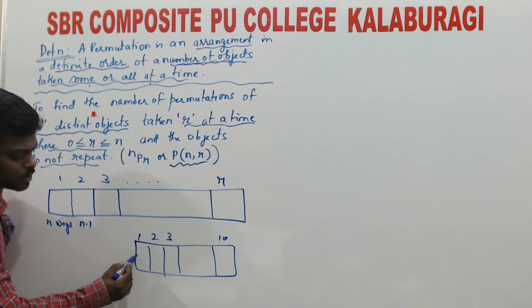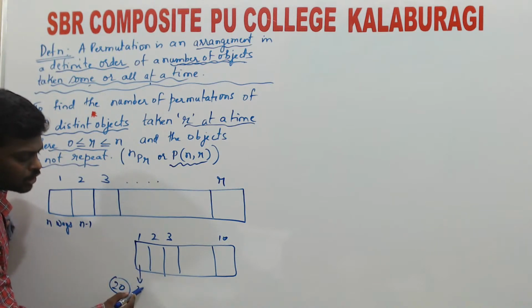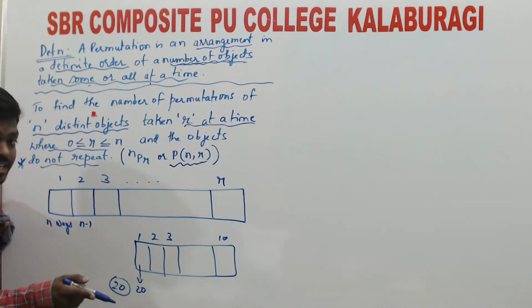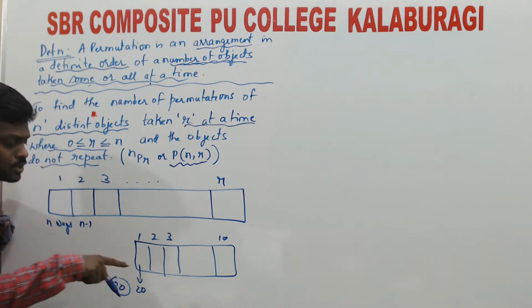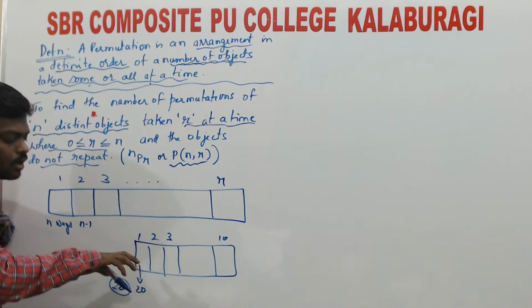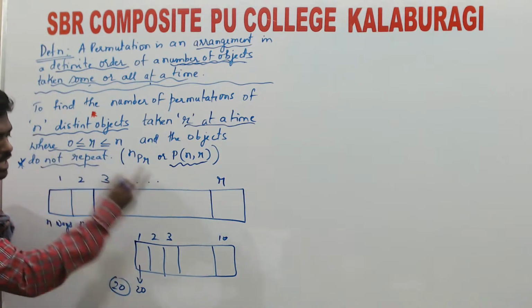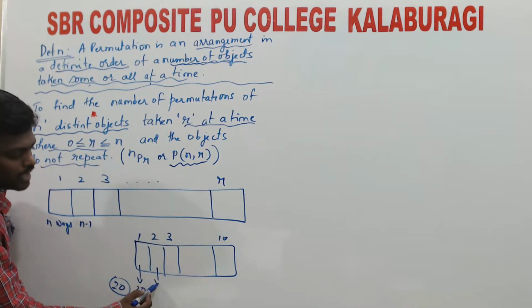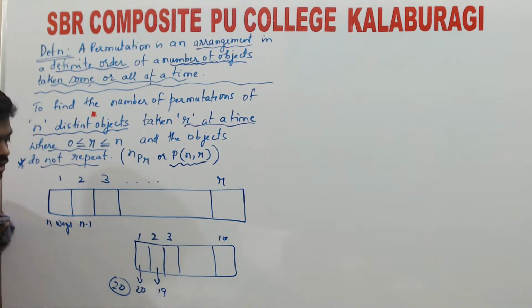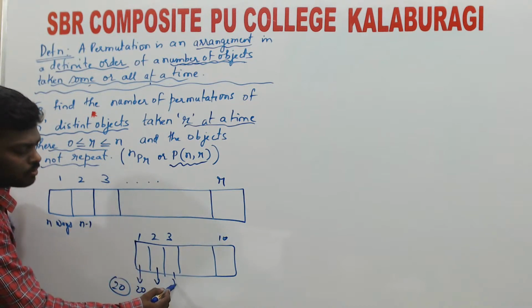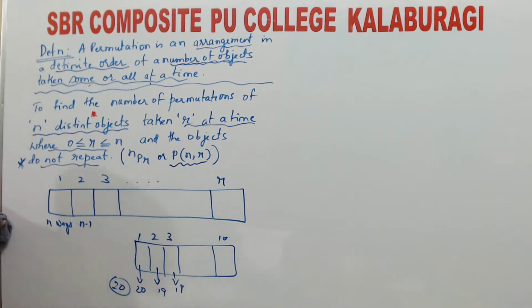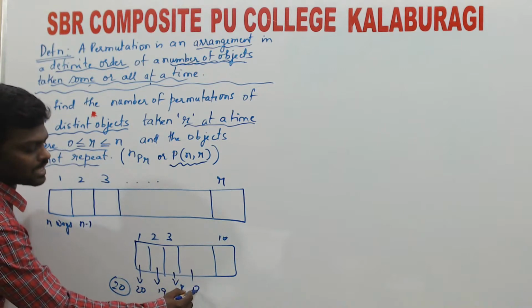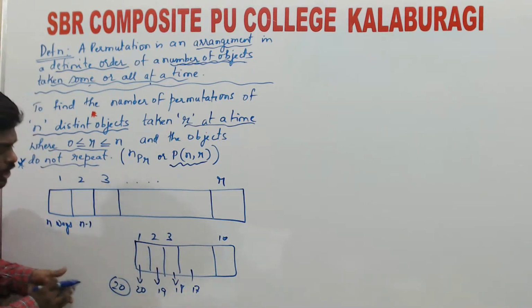To fill the first box, how many ways do we have? 20. You cannot repeat, which means one is used here and you cannot use it again in the second, so it will be reduced. Again you are left with 19, then 18, 17, and so on. You are getting reduced.